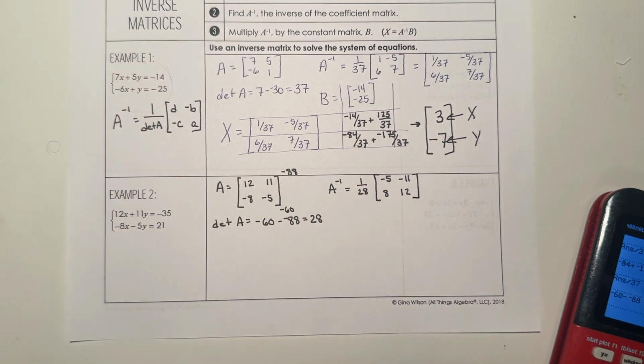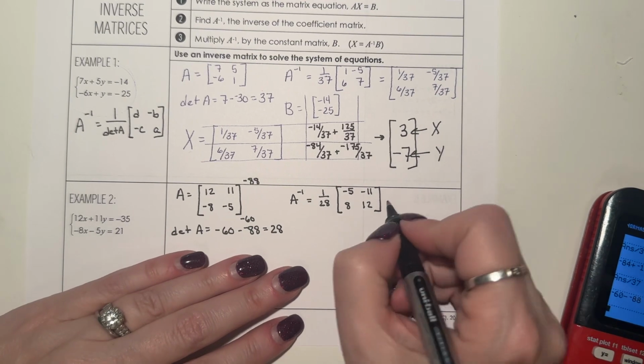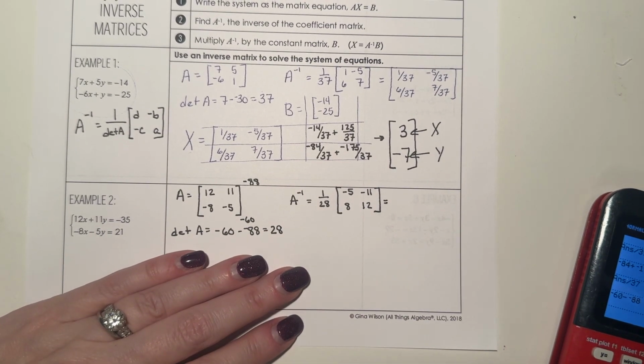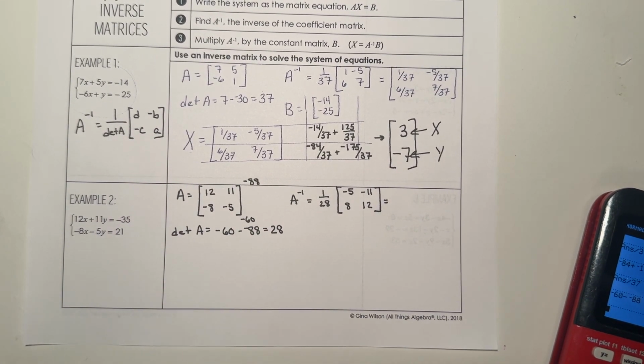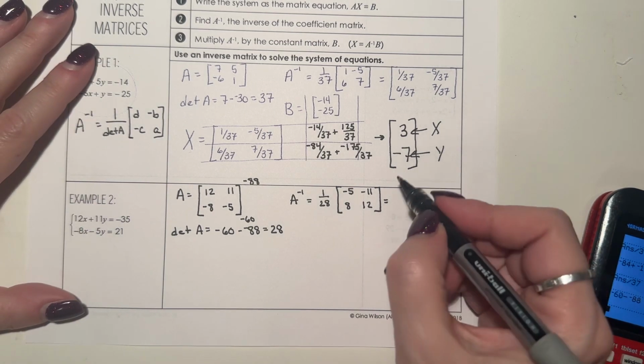Okay, here's where things get nasty because you got fractions, okay? But you can do this. By the way, I'm not going to simplify fractions. Normally, I would reduce my fractions and put them in lowest terms, but in this case, I want them to keep the same denominator. If I put them in lowest terms, it will take them out of having the same denominator.